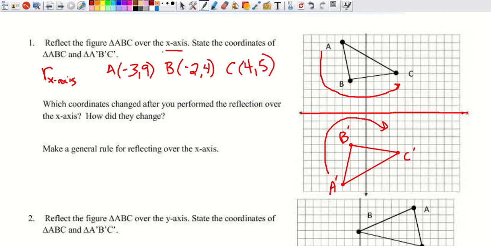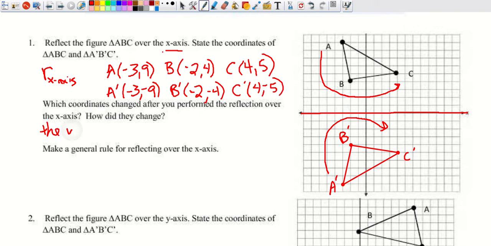After we do the reflection, I end up with A prime, which has coordinates -3, -9. So what changed there? It looks like just the 9 switched sides, so the y-coordinate changes sides. Let's see if this holds for B prime. B prime is -2, -4, and it does. And for C prime, I don't have to look at the graph. I can automatically see that it should be 1, -5. So what changed? We would say the y-coordinate.